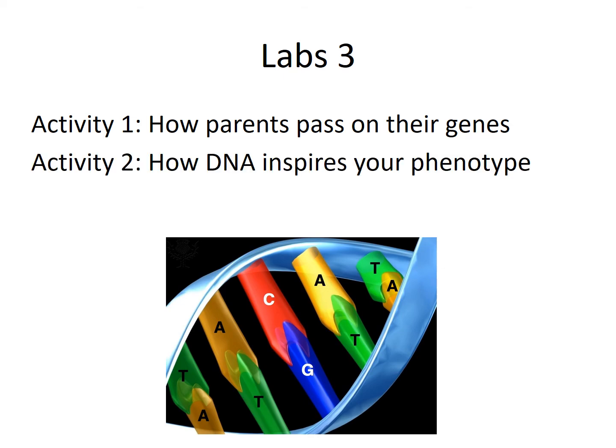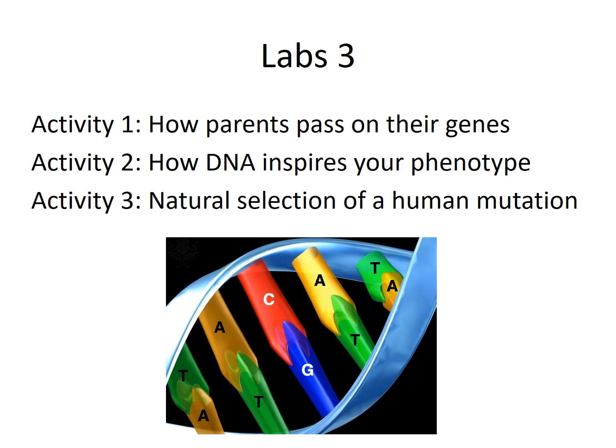In the second activity, you're going to see how DNA inspires your phenotype through the production of proteins. And in the third activity, you're going to evaluate how natural selection has acted on a human mutation to maintain the genetic disease called sickle cell anemia, which is very common worldwide and particularly here in the US.